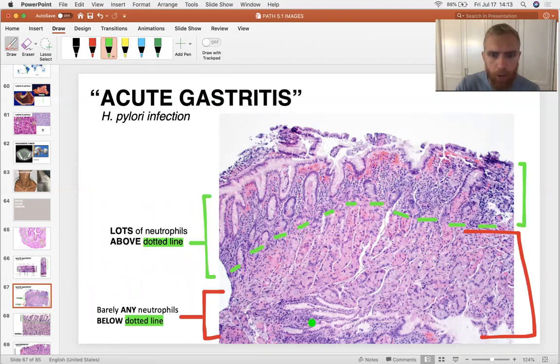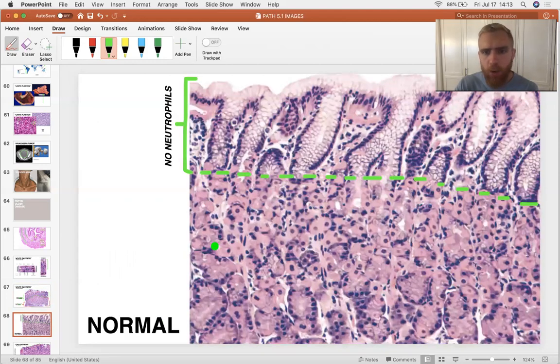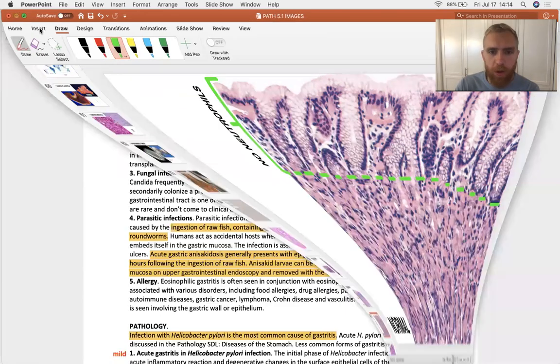And below that green dotted line, you just see pretty normal glands, and you don't see very many neutrophils at all down there. So that's what tells you you have a gastritis on your hands. And you can compare that to the normal stomach, and you'll look above the dotted line there and you won't see any neutrophils. And so understand the normal histology of the stomach so that you can recognize whenever it is abnormal.